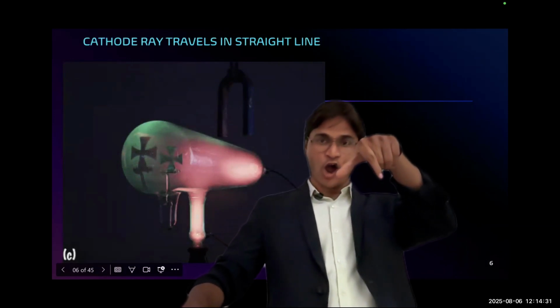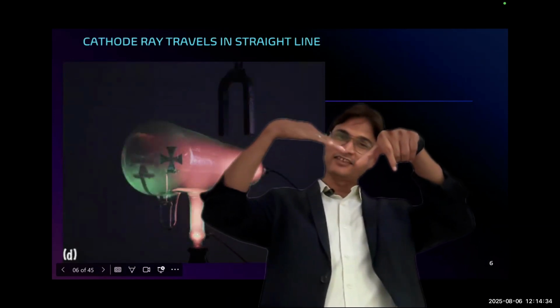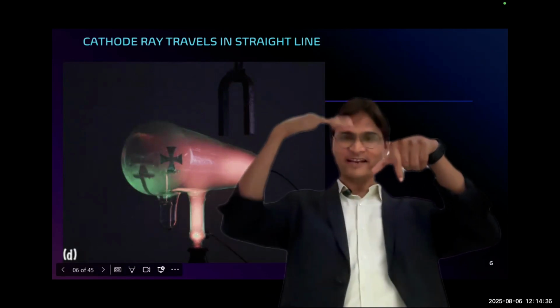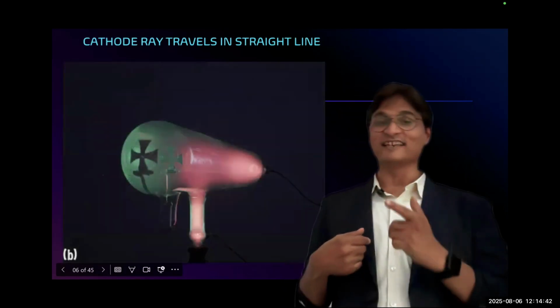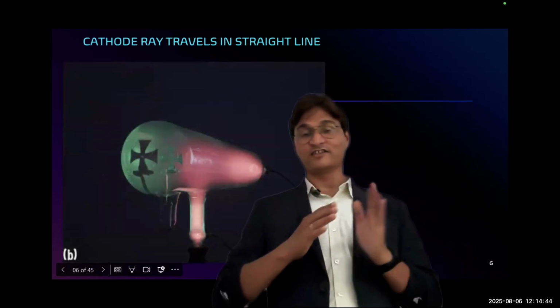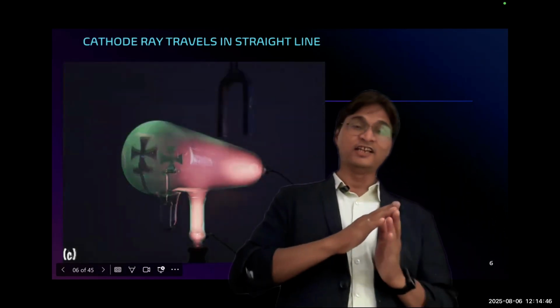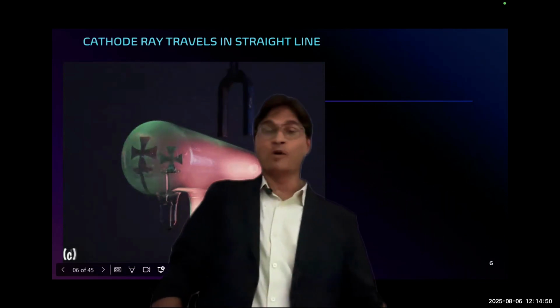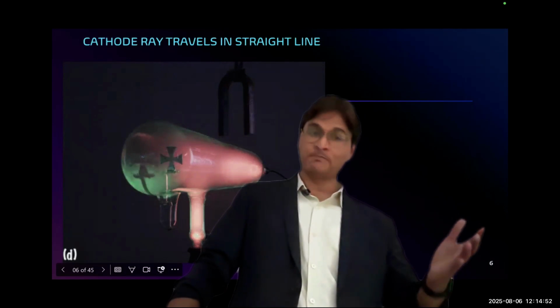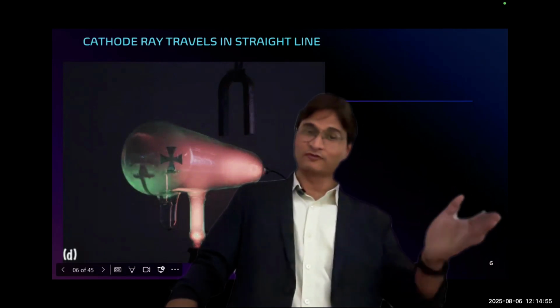One more thing: when you bring this bar magnet from the top, the direction of the cathode ray also changes. When the direction of the beam changes, the shadow also changes: its shape, its orientation, its elevation, everything. In real life, in the morning you have a different shape, size and orientation of the shadow of a tree, at noon different, in the afternoon different.